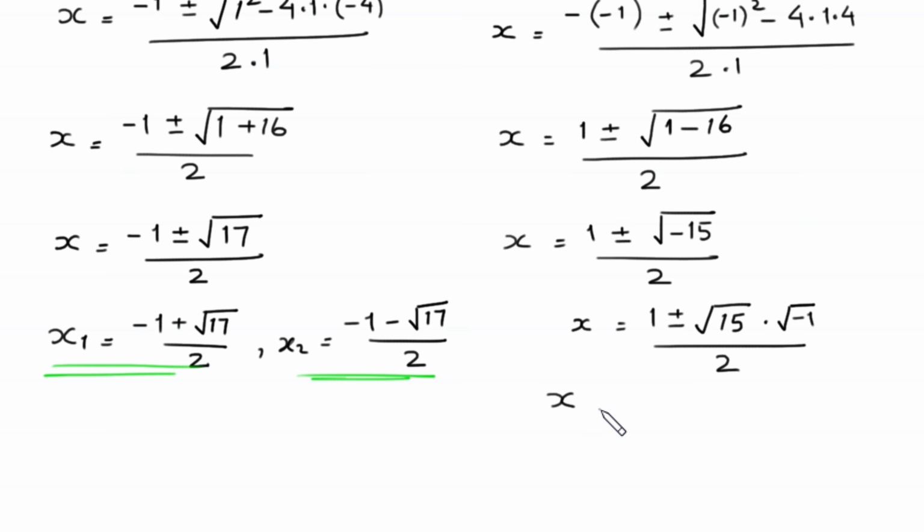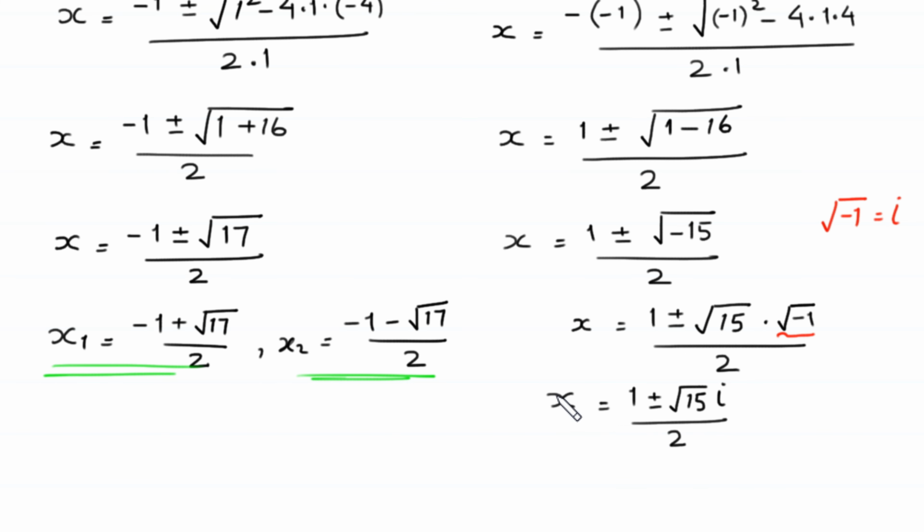Next, x is equal to 1 plus or minus square root of 15. This square root of -1 is equal to i. So we replace this square root of -1 with i divided by 2.